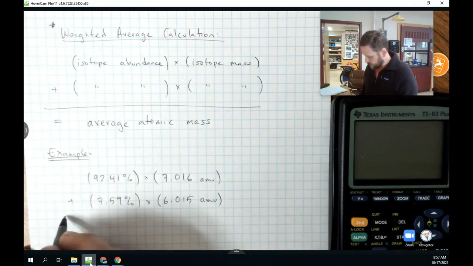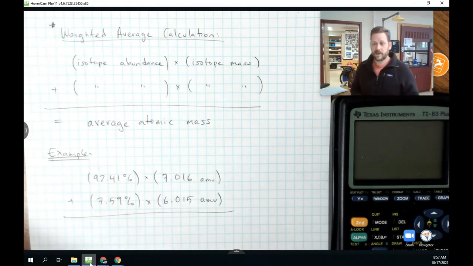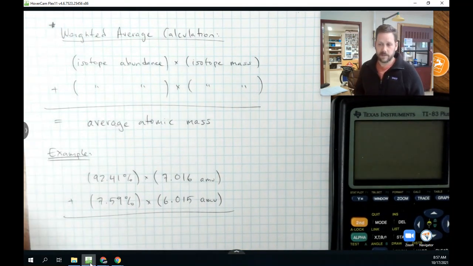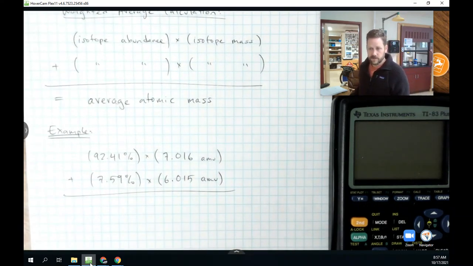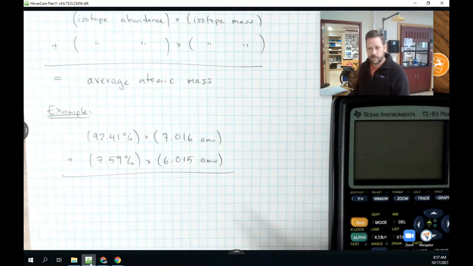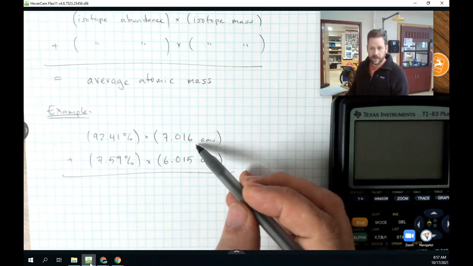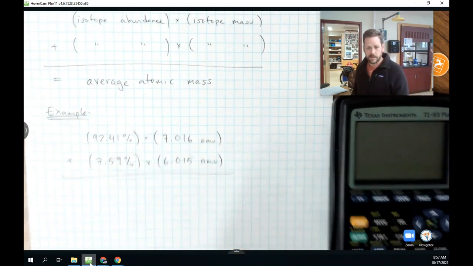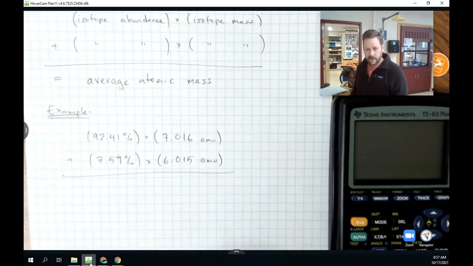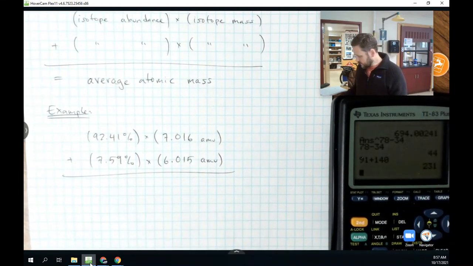Lithium-6 has a mass of approximately 6 AMU, and lithium-7 has a mass of approximately 7 AMU. And we won't get into the reasons for those differences until we study nuclear chemistry. But for now, suffice it to say that we need to use the actual mass of these isotopes, not their approximate mass.